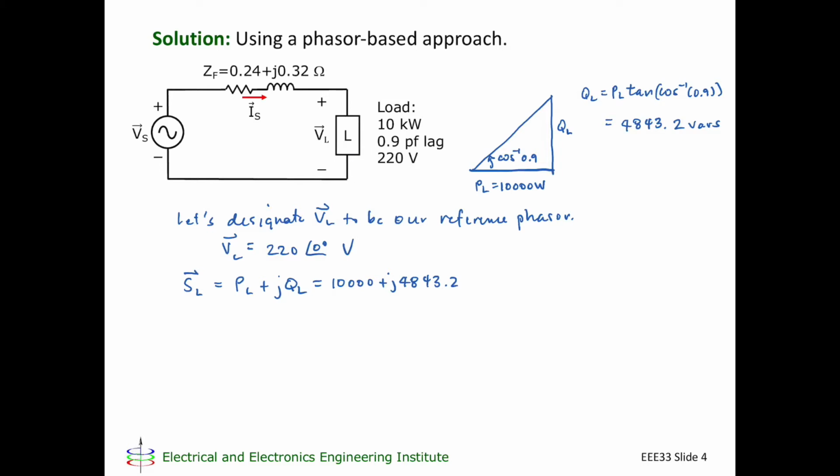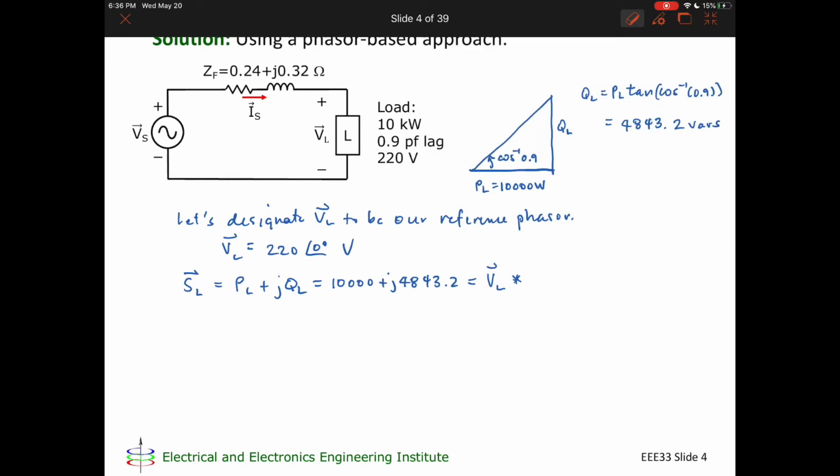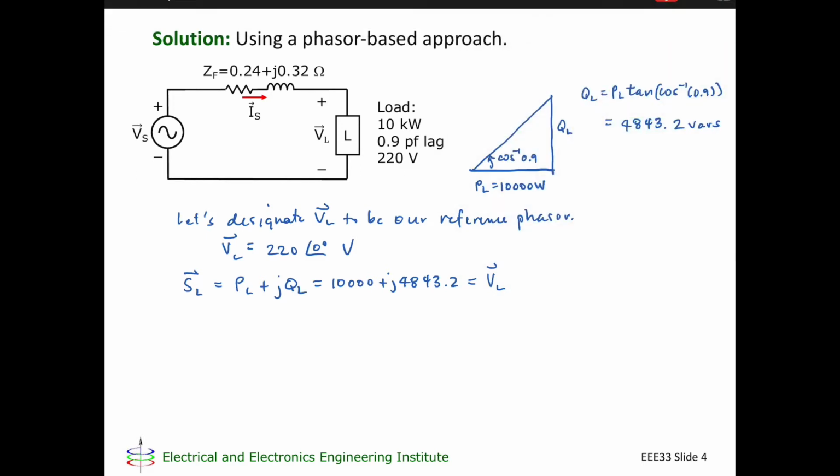But this is also equal to VL multiplied by the conjugate of IS.